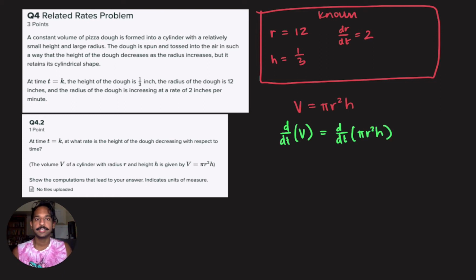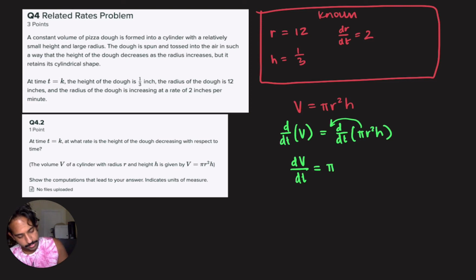Now, d/dt of V is just going to be dV/dt because it's just a single variable. Now here, I'm going to take this pi out. Why? Because pi is just a constant, right? It's just like 2, it's just like 7, it's just like 100. We can take it out.